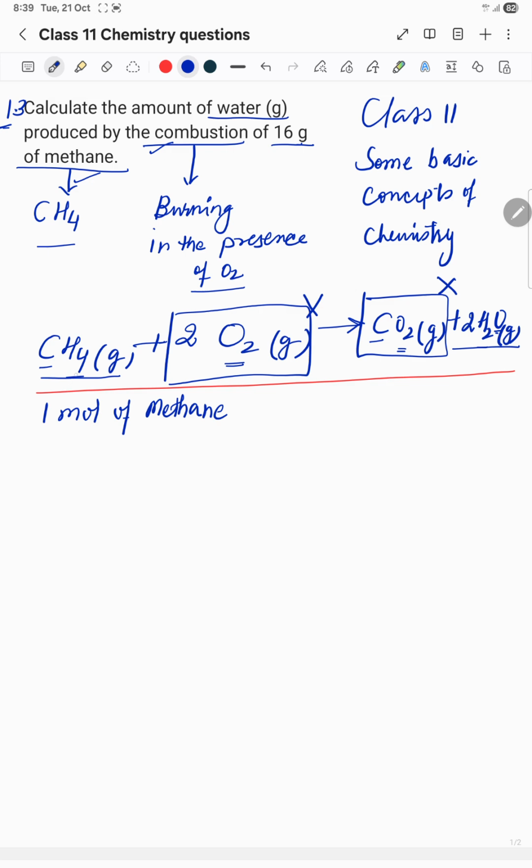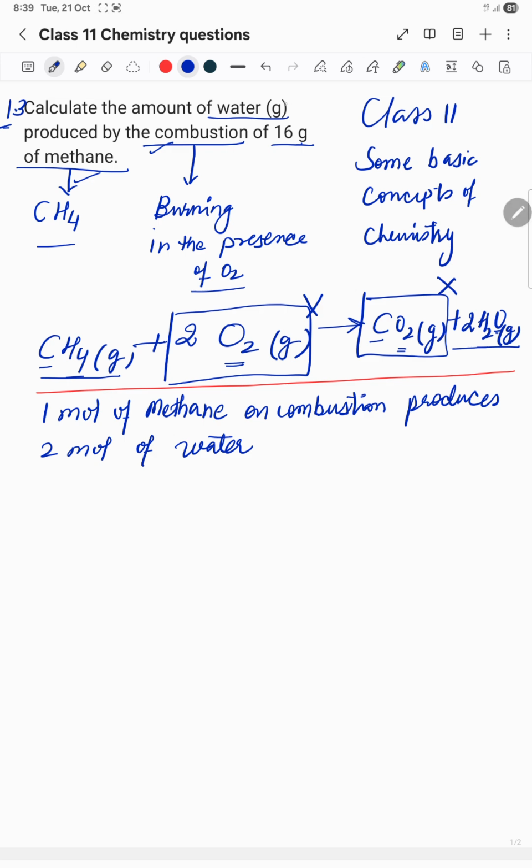We will compare the values of methane and water only. So 1 mole of methane on combustion produces 2 moles of water. So this is our baseline equation, right?